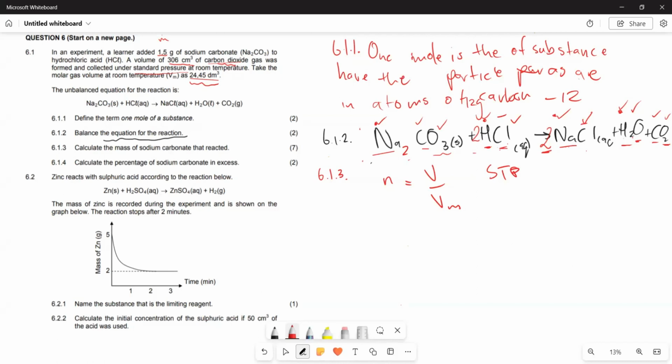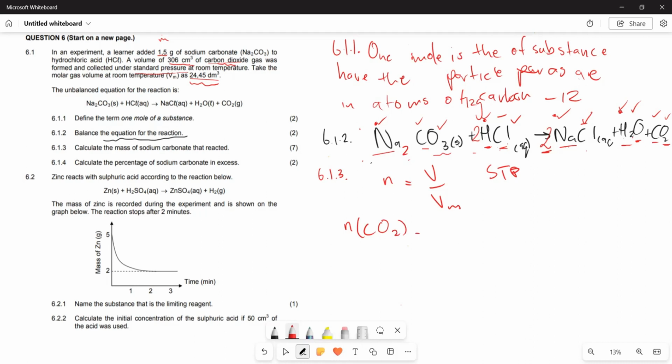But when we use this formula, what are we going to calculate? We are only going to calculate the moles of your CO2, because that's what you are given here, right?